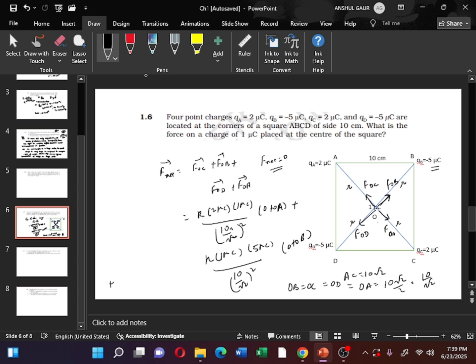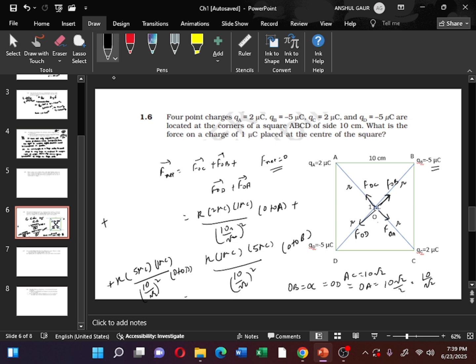Now the third force is FOD. So FOD is equal to K times the first charge, which is minus 5 microcoulomb. Here we write only the plus sign because we are considering the direction, so there is no need to write the negative sign. So 5 microcoulomb multiplied by 1 microcoulomb upon the distance between O and D, which is 10 upon root 2 and its square, and the direction is from O to D. And the fourth force is FOA.